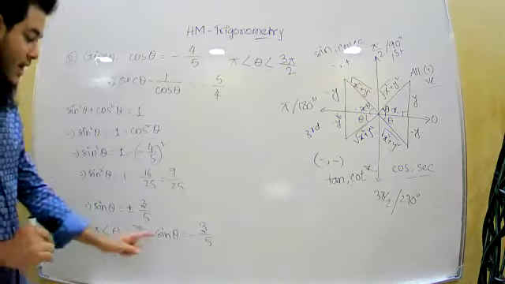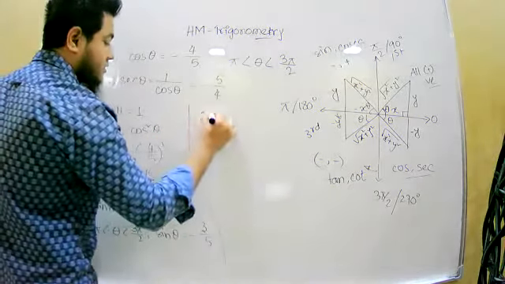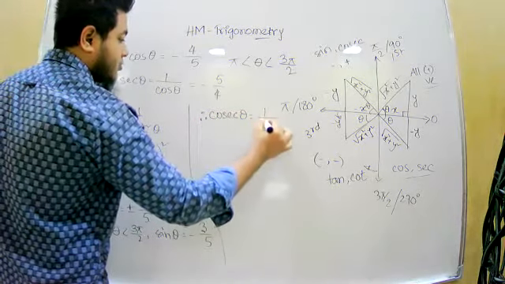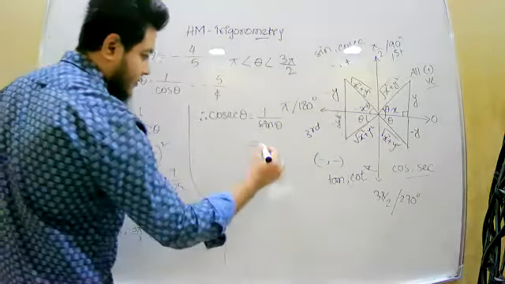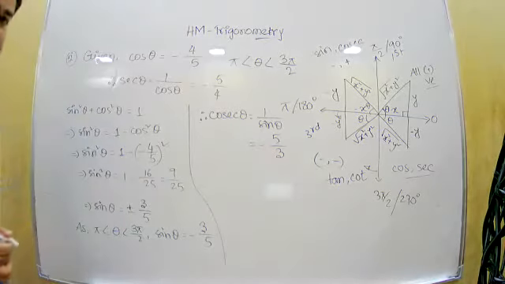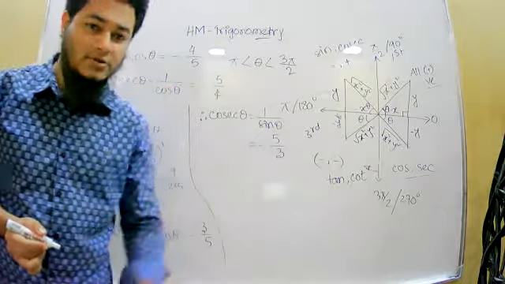Okay. Now, as we have found sin theta, we can easily write cosec theta, because cosec theta is just the reciprocal of sin theta. So that will be minus 5 by 3. So this is cosec theta. The only two quantities that are left are tan theta and cot theta.